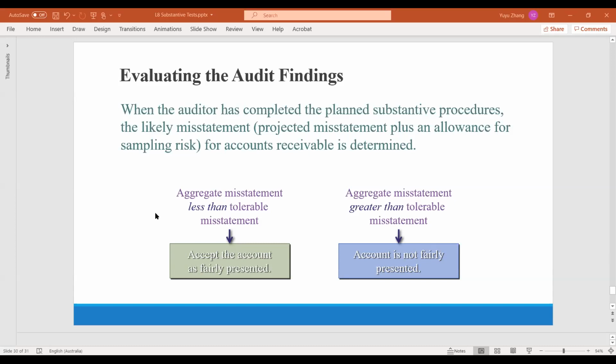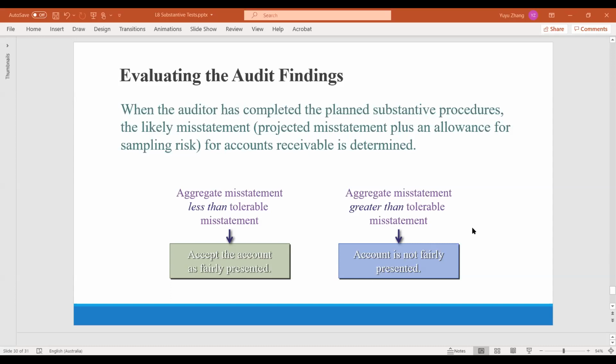You just do the tests to find the errors from your sample tests. If the errors are within the tolerable threshold, that means the account has been reasonably, fairly presented. If the errors are bigger than what you could expect, then you probably could make an interim conclusion: this account is not fairly presented.